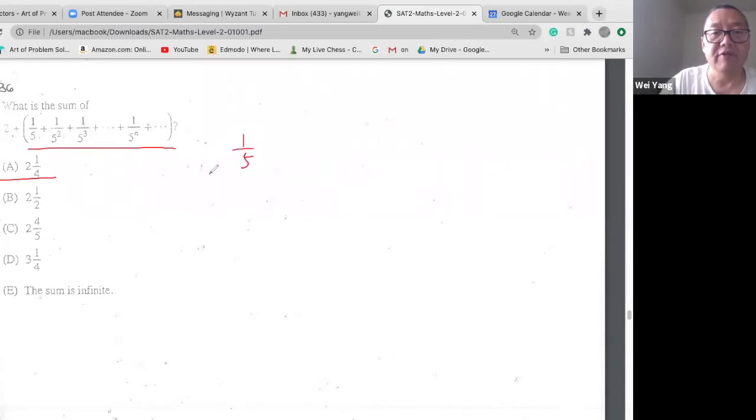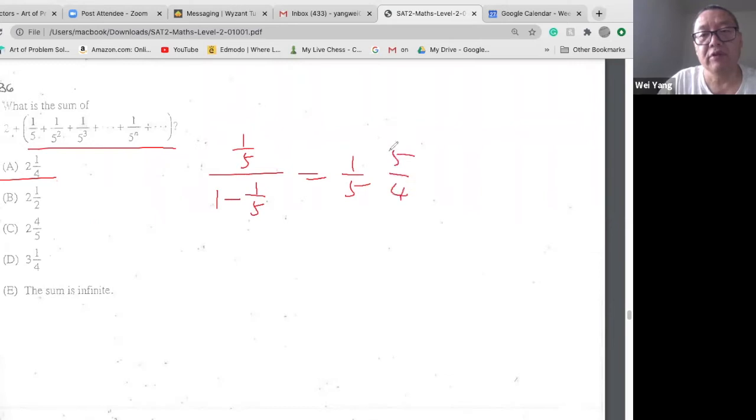That's first over 1 minus the ratio. Also 1/5. We can calculate this one equals 1/5, minus 4/5, then times 5/4. So cancel out, you got 1/4. 1/4 plus 2. Your answer is correct. Very good.